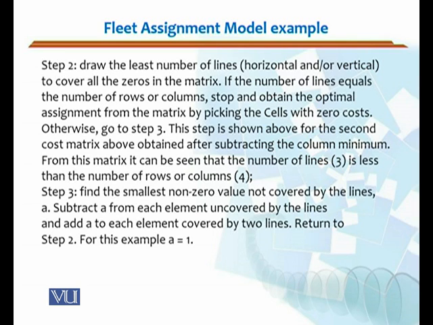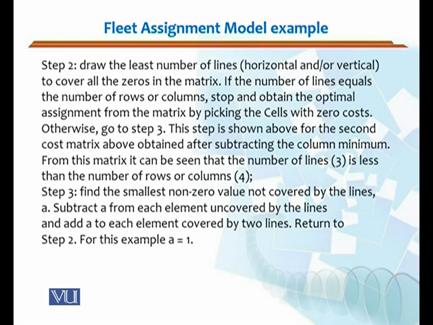So now what you would do, for the uncovered elements, the numbers which are not covered by the lines, subtract that A from them and add A to each element which is covered by any 2 lines. Return to step 2.